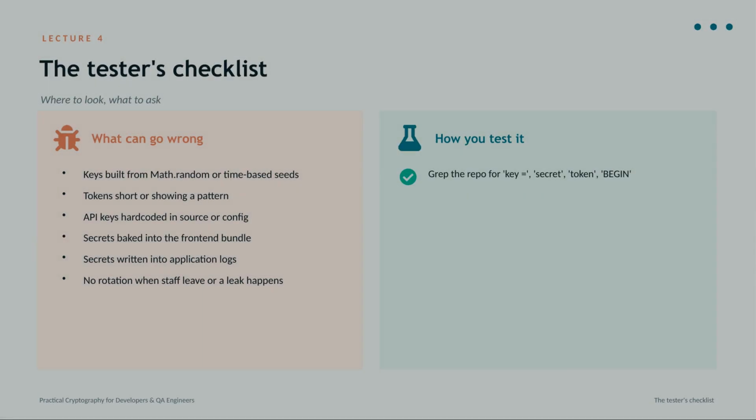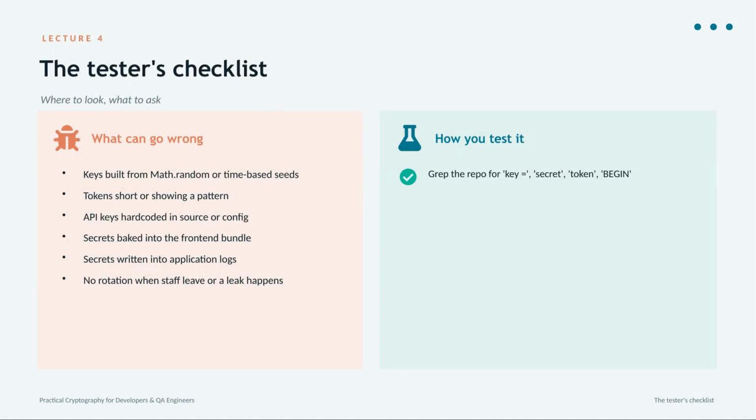And let's put this into the lens of a tester, because all of this turns directly into things you check. Are keys and tokens generated with a crypto-secure random source, not a basic random number function? Is there real entropy behind them, or can you predict them? Are there any secrets hard-coded in the source, sitting maybe in the front-end bundle, or maybe leaked in logs?